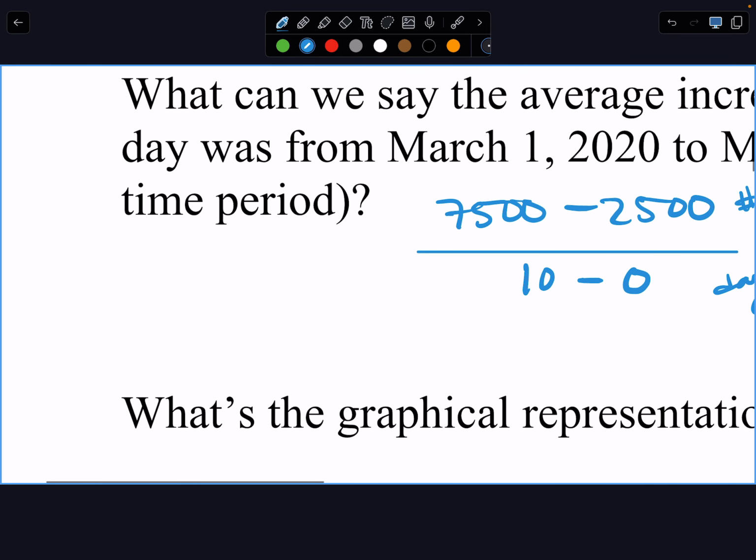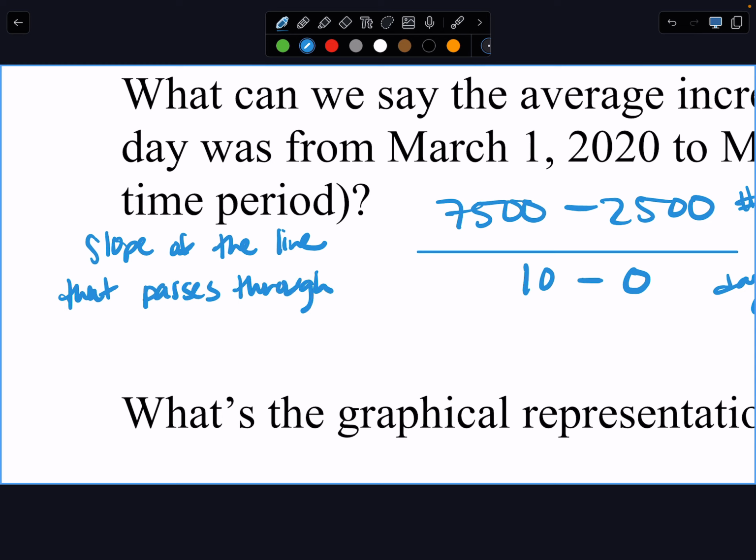So this is the slope of the line that passes through 0, 2,500 and 10, 7,500.